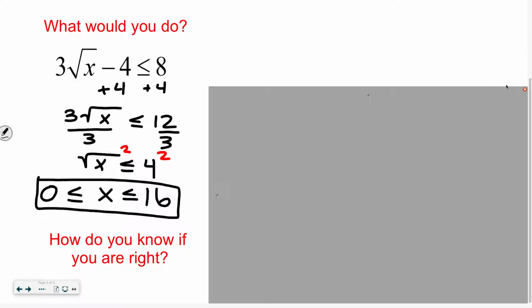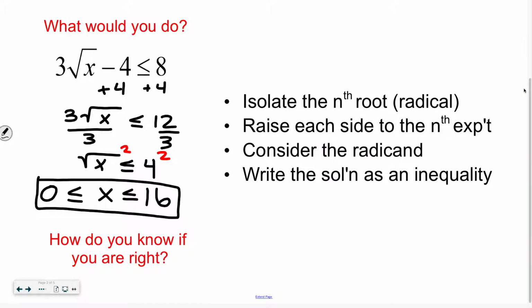Okay. So if you wish to jot any notes, directions, hints, troubleshooters, those types of things into your notes, these would be the things very similar to yesterday. How do you solve a radical inequality? Okay, basically the same rules. Isolate the radical. So please don't think that we're reinventing the wheel here.